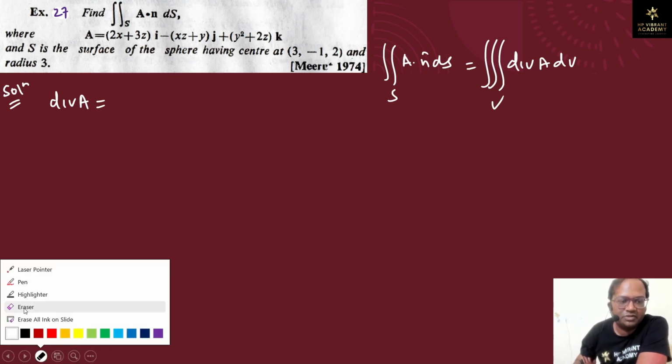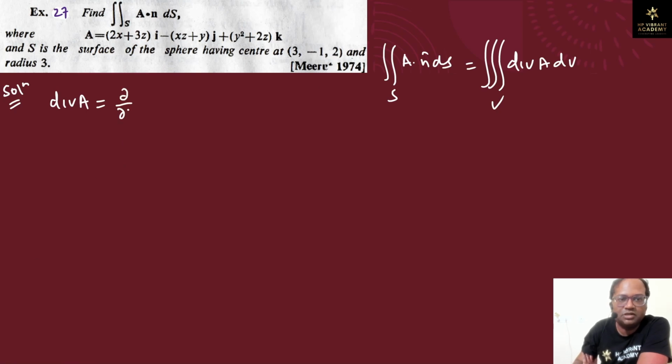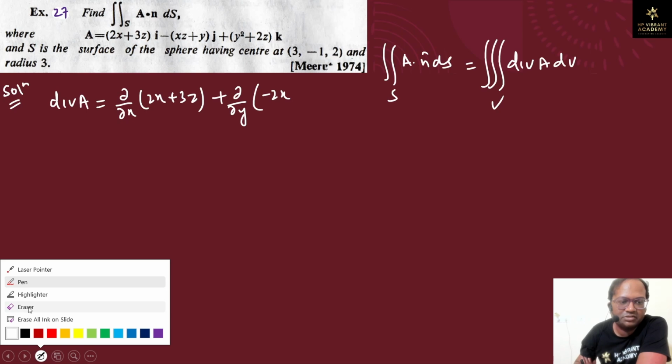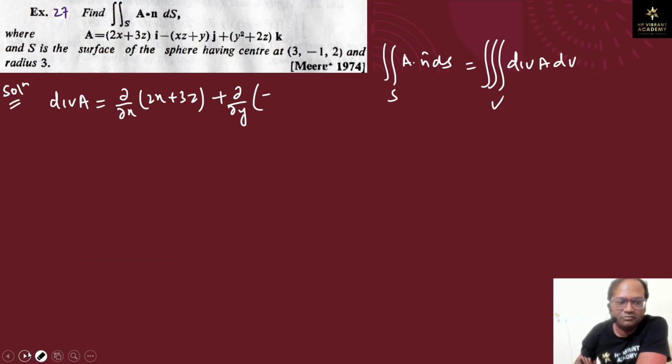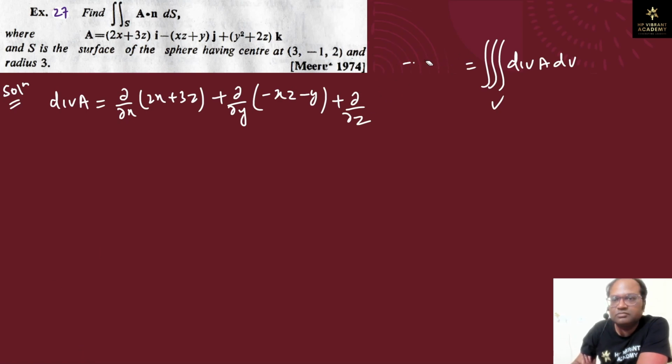So divergence of a is equal to del upon del x of 2x plus 3z, plus del upon del y of minus xz minus y, plus del upon del z of y square plus 2z.